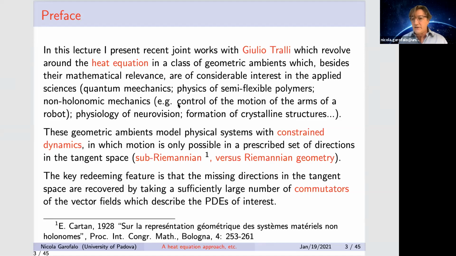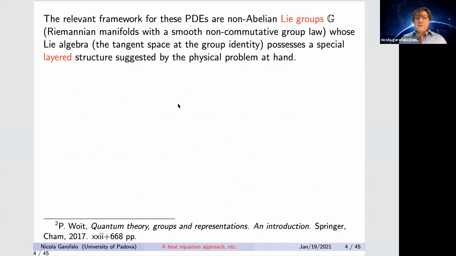You can recover the directions in which you cannot move by taking a sufficiently large number of commutators of the vector fields which describe the PDE of interest. Of course, this complicates life quite a bit, but that's part of the game.